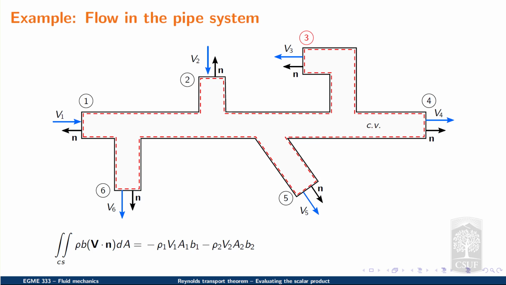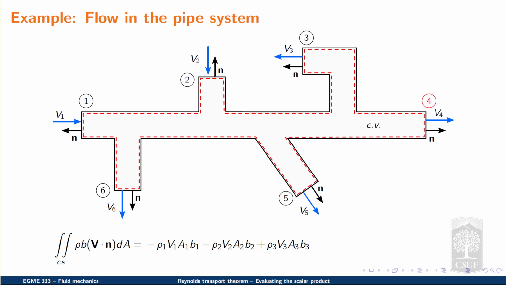Therefore, we want to add the product of rho 3 times capital V sub 3 times A sub 3 times b sub 3. If we look at point 4, we see the same thing. The local velocity vector points away from the control surface and happens to be pointing in the same direction as the local unit vector.